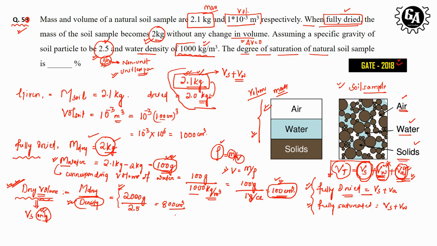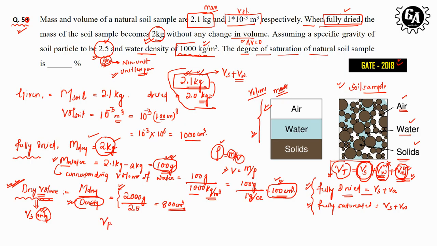Okay. So in this case, the volume of the sample is given as 1000 centimeter cube. Dry volume we calculated to be 800 centimeter cube. Then what is the volume of pores present here?